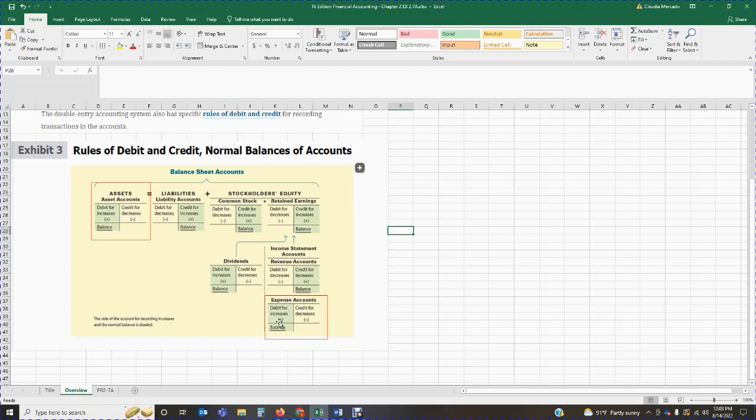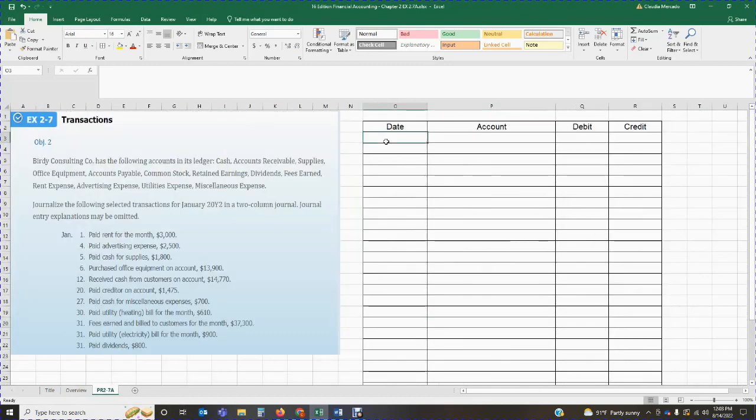So we've already identified that the expense account for rent is going to increase and cash is going to get credited. These are my two types of accounts being affected: assets and expense accounts. So let's go back over here. This is happening on January the 1st. When we are recording, debits always go first.